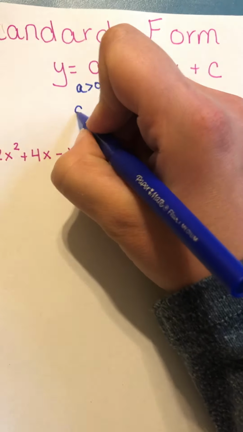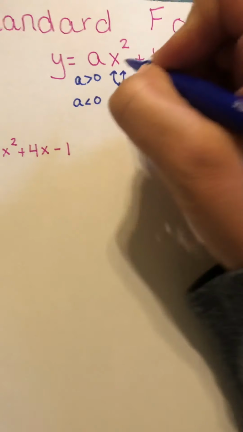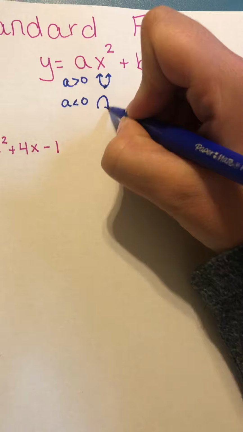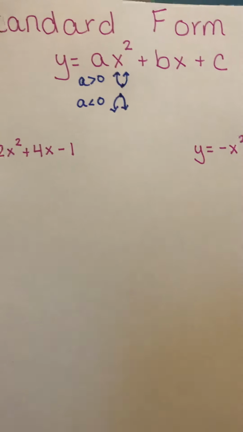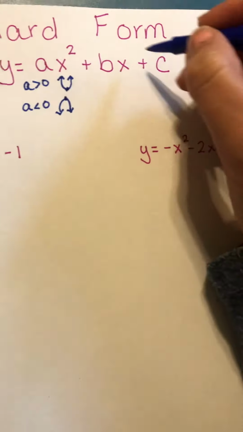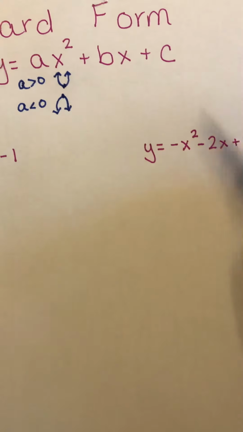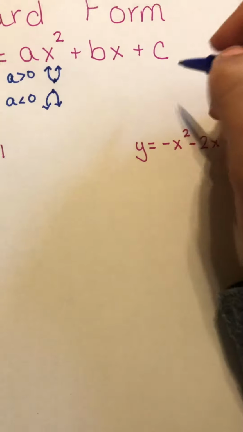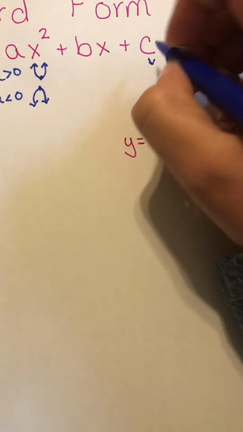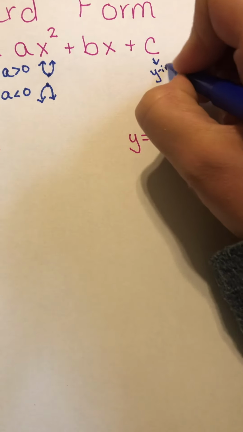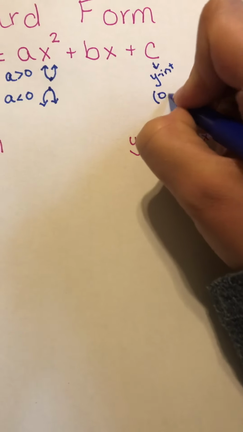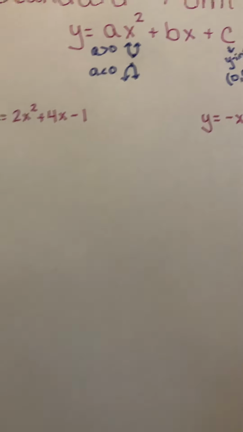If your a value is less than 0, or a negative value, your graph is going to open down, giving your vertex a maximum. B we're going to use to help find our vertex and axis of symmetry, but it doesn't give us anything directly. C represents the y-intercept of the graph, which can be found at the point 0, c.